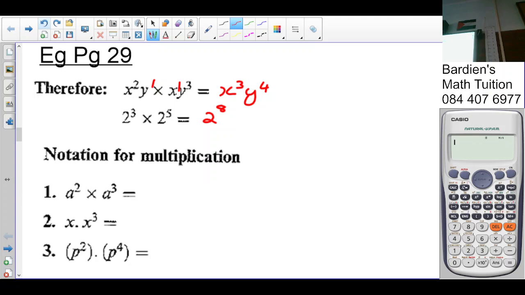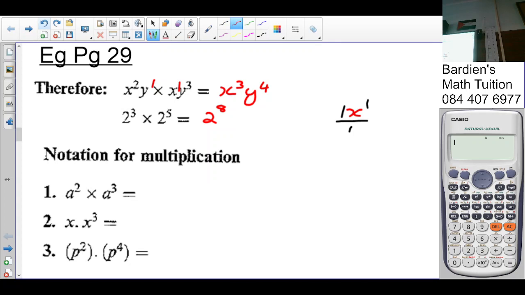Yes, absolutely. Remember, if you write x on its own like that, what is the exponent on the x? What's the coefficient here? 1. If there's nothing written like that, that is what you should be seeing in your mind's eye. You see that, people?